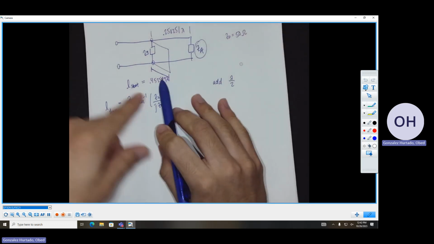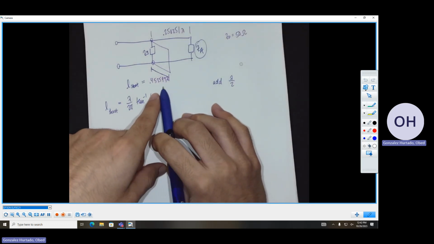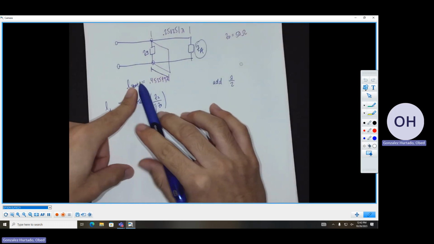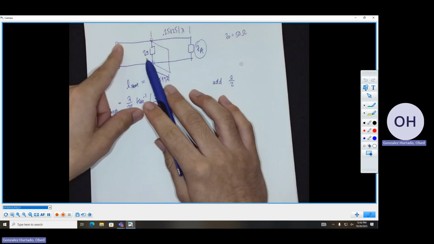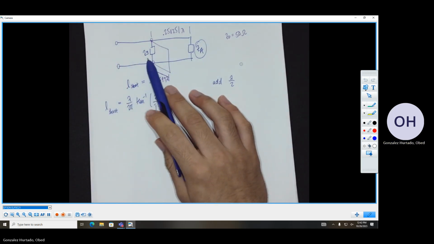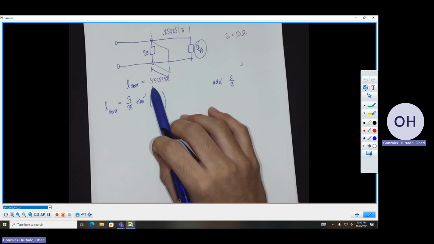So this is what happened with this one. In the finding of the value, it ended up having a negative for the first one, so we add the half to make it positive, to make it a real length.